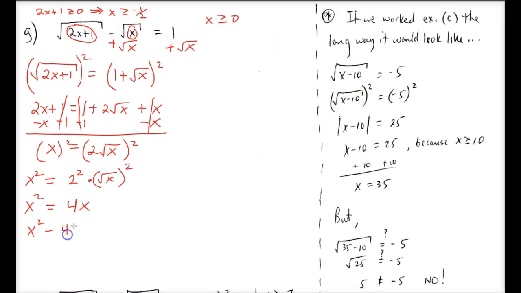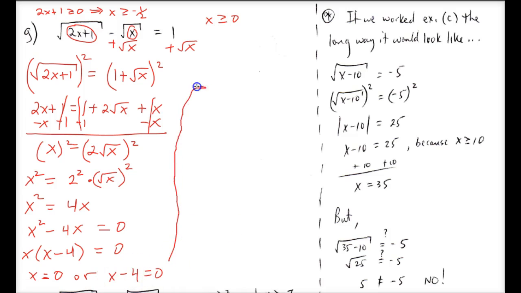Put everything on one side. So we have to subtract 4x from both sides. Factor out the common factor of x. So that means that x is either equal to 0 or x minus 4 is equal to 0.